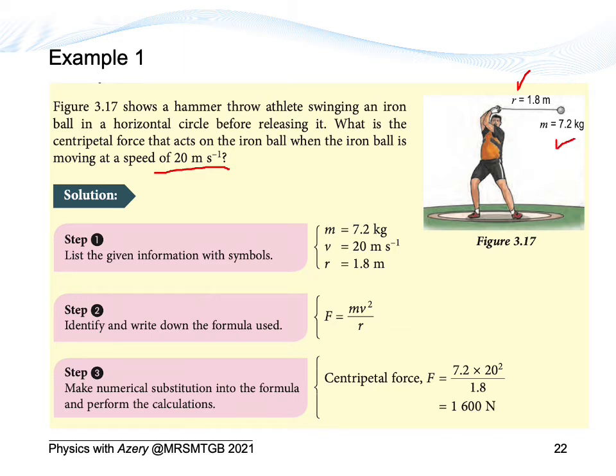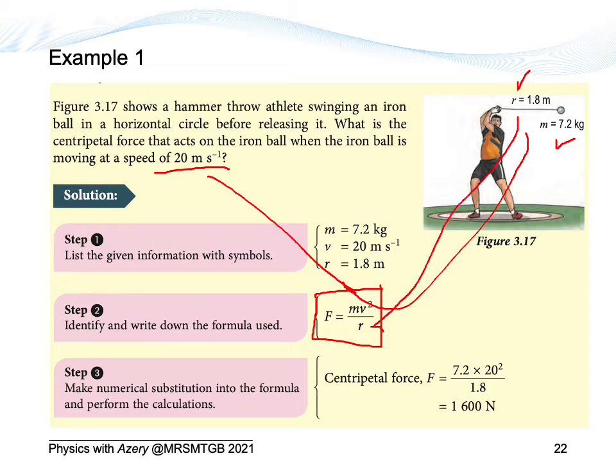Back to the formula, force is equal to mv squared over r. So you just substitute m, substitute v, and substitute r here, and simply press your calculator and get your final answer.